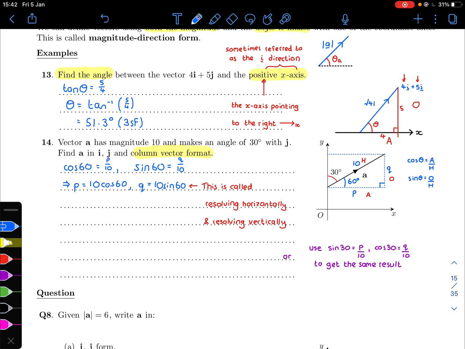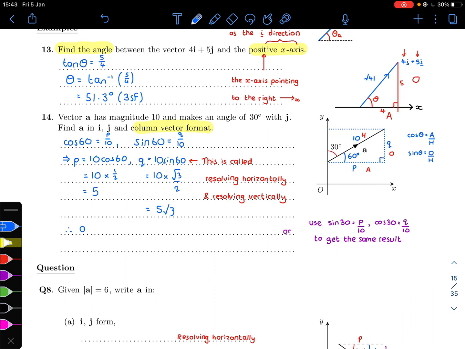This is really important later in the mechanics chapters when we're dealing with forces. We'll be resolving forces into vertical and horizontal components, so it's something to get quick at, using magnitude and direction to quickly produce horizontal and vertical components. Right, 10 cos 60 is 10 times a half, so that's 5. 10 sine 60 is 10 times root 3 over 2, which is 5 root 3.